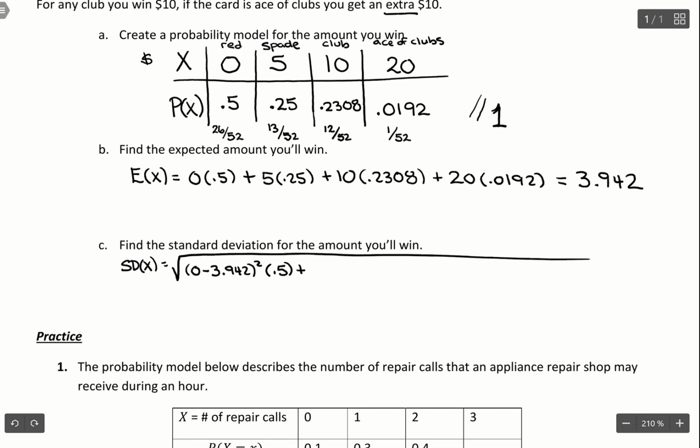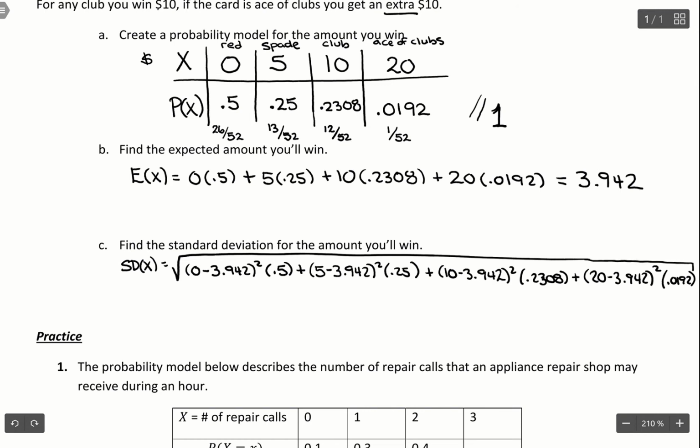And then add that with the next value, so taking 5 minus that mean squared times its probability, and then add on 10 minus that mean squared times its probability, and then plus that last case of 20 minus that 3.942 squared times its probability, all under a big square root. If we calculate that, that would give us a standard deviation of 4.6336.